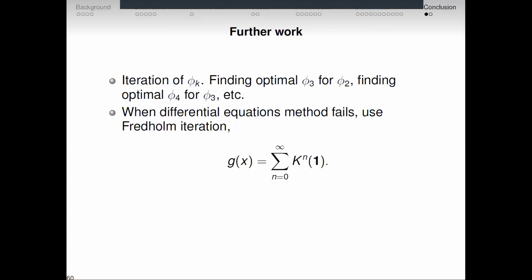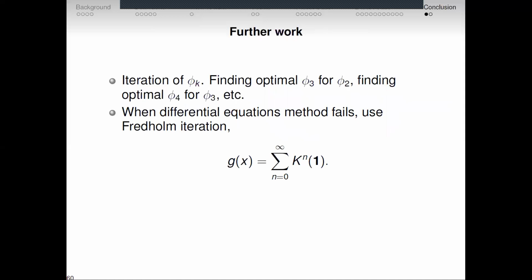However, unfortunately, when we try to find the optimal phi 3 for phi 2, the differential equations method fails because we don't get a nice quadratic polynomial for the kernel. So instead we can use Fredholm integration.